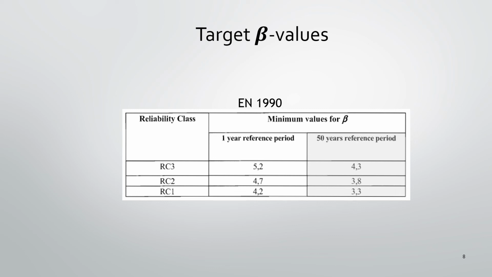Our beam, with an increased height, had a beta value of 4.34, which will only be acceptable in reliability class 1 according to this table.